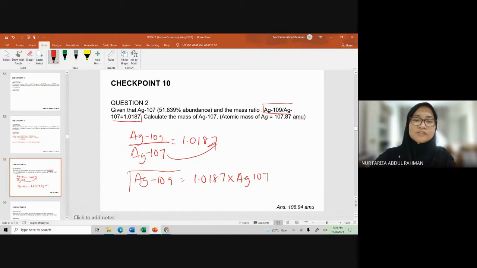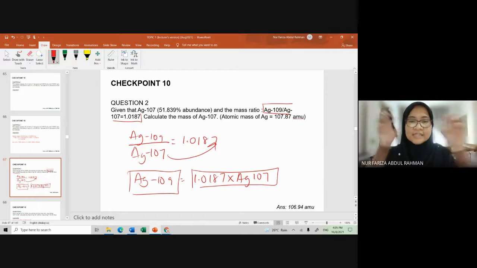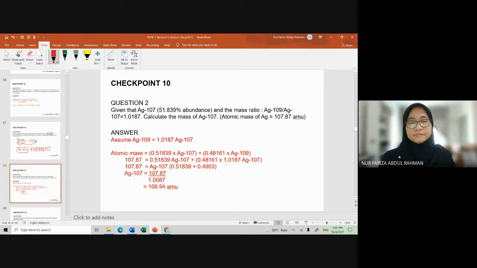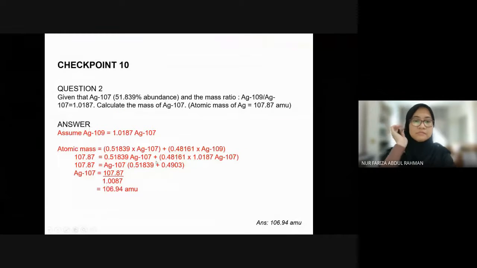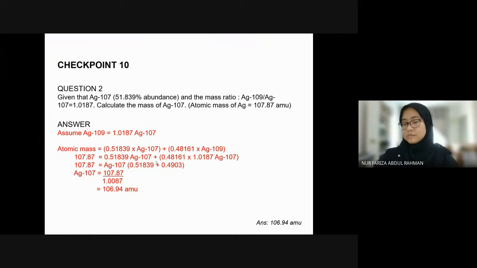So Ag 109 is equal to 1.0187 times Ag 107, and then insert into the formula. Yes, this is the answer. You simplify this into the one given in the question.